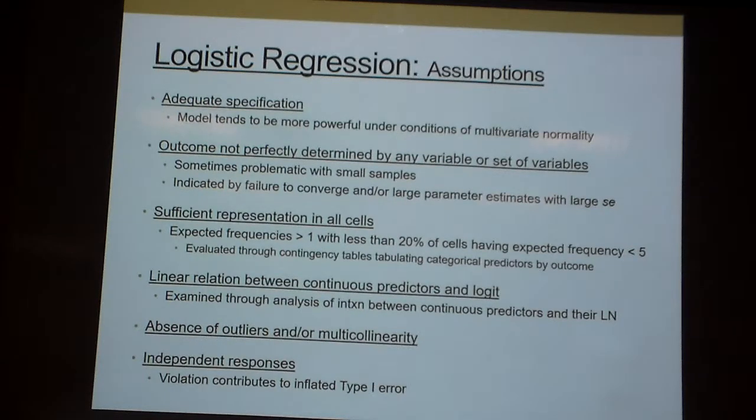Other thing you need to be careful of is making sure your outcome isn't perfectly determined by a variable or any set of variables, okay? This can get tricky, particularly if you have small samples, right? I've got 2 categorical variables and a continuous predictor and an outcome, and I've got 15 people in my sample.